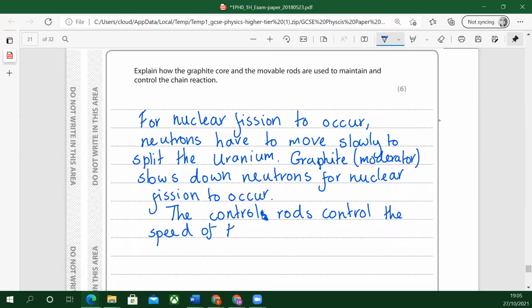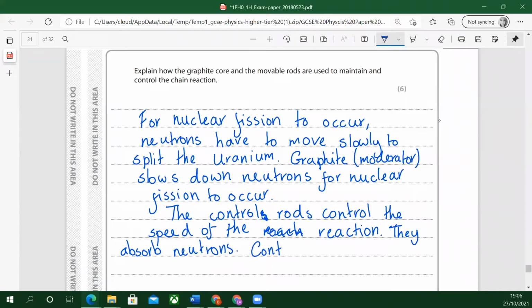They absorb neutrons, and the control rods can be moved in or out to control the speed of the reaction.